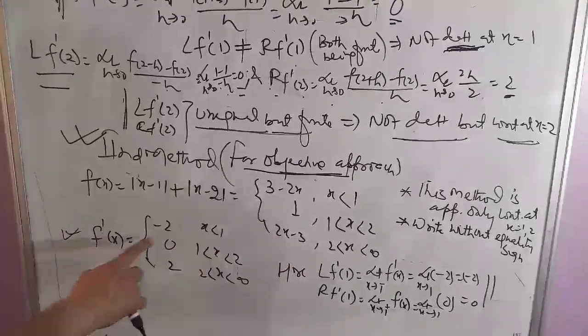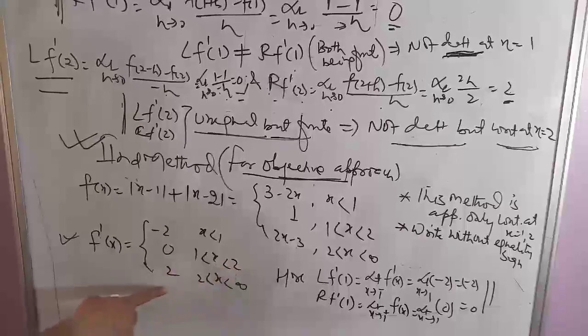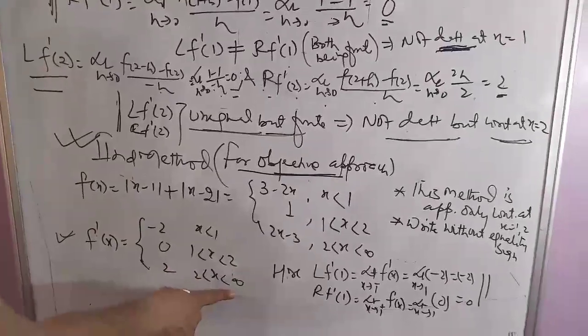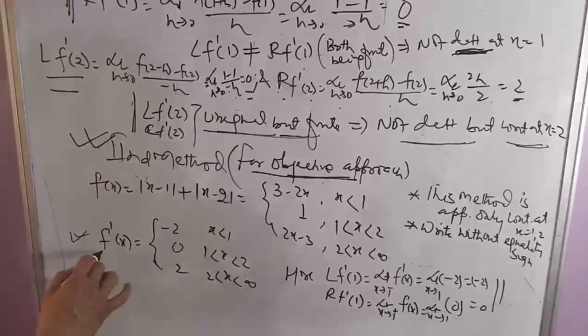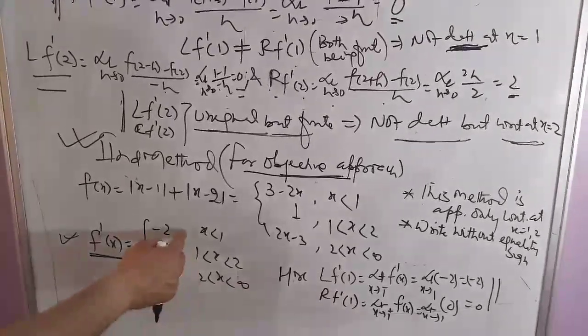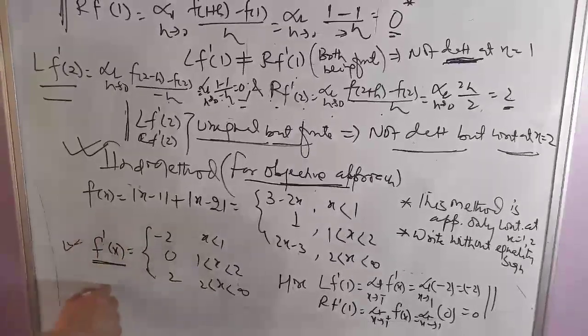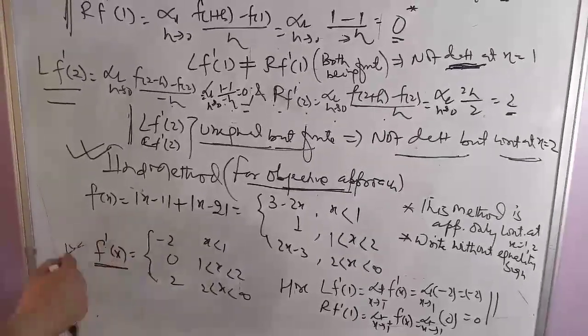Here f dash x equal to minus 2 for x less than 1, 0 when x lies between 1 and 2, and 2 when x lies between 2 to infinity. Here the left hand derivative at 1, L f dash 1, means the limiting value of f dash x when x tends to 1 from the left, x less than 1.